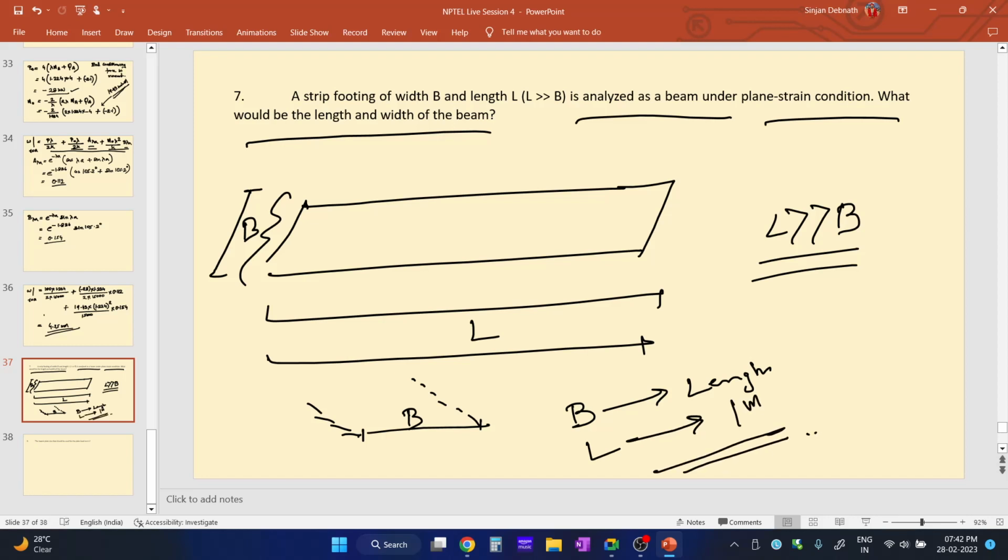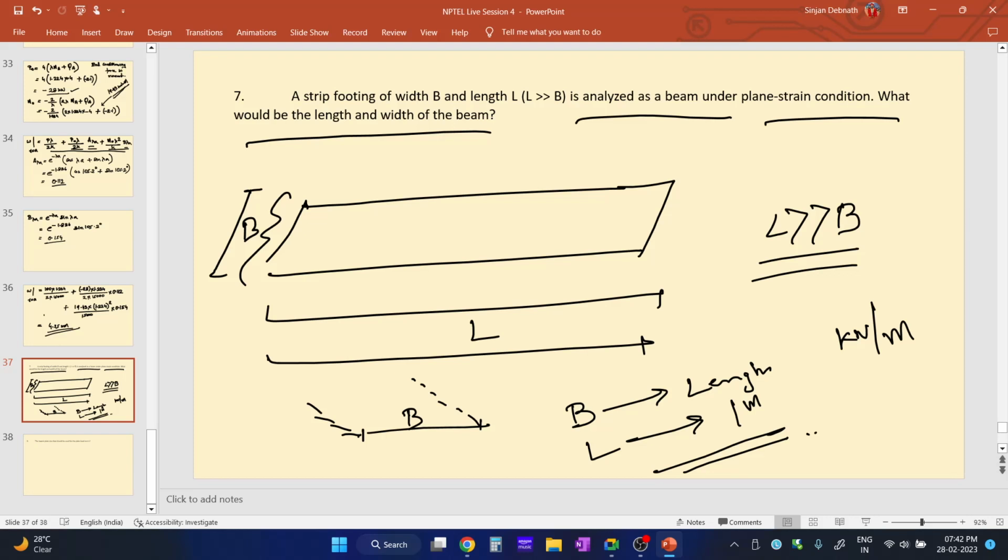If you go through the last sessions, you will see while calculating the bearing capacity of the strip footings, we have used this concept. We determine the bearing capacity of the strip footing in terms of kilonewton per meter, not kilonewton. For isolated footings, for square footing, the unit of the bearing capacity was kilonewton only. But for the strip footing, it was per meter length of the footing.